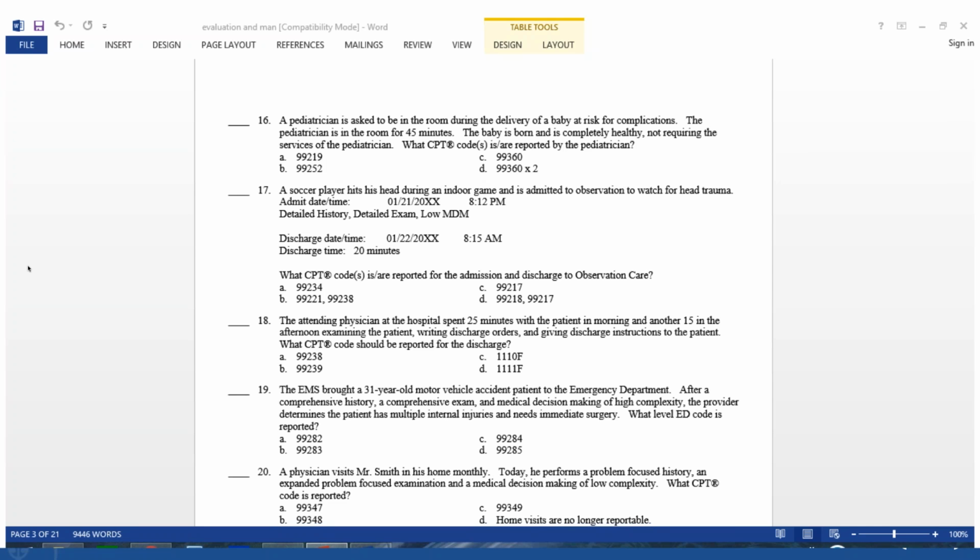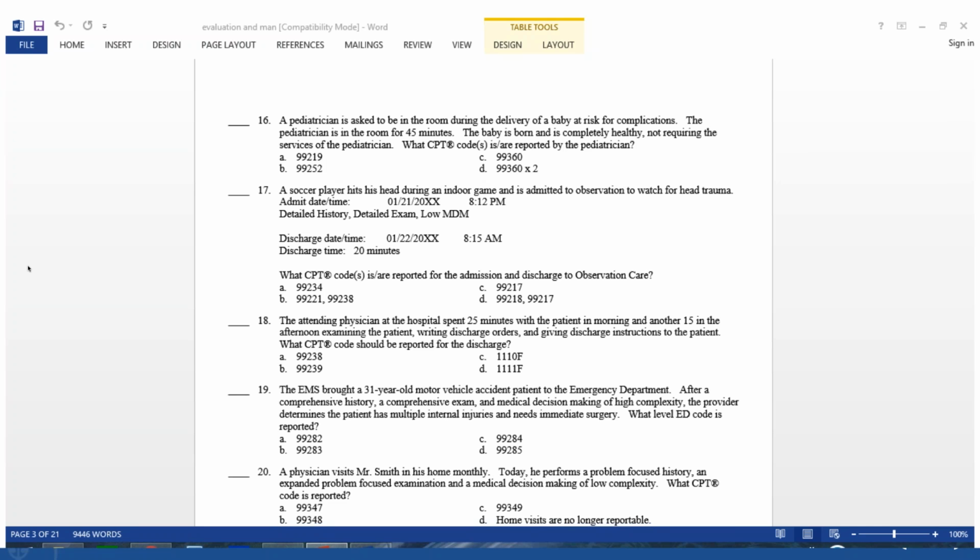Anytime you see a time in the E&M question, you're going to highlight it. The baby is born. So first of all, 45 minutes. Highlight that, put a circle around it, whatever you do to get excited. The baby is born and is completely healthy, not requiring the services of the pediatrician. What CPT code is or are reported by the pediatrician?